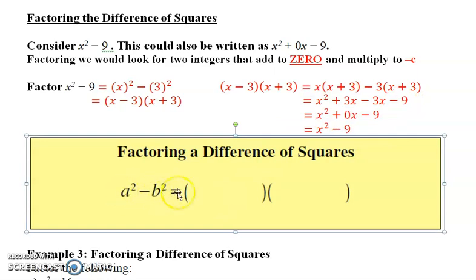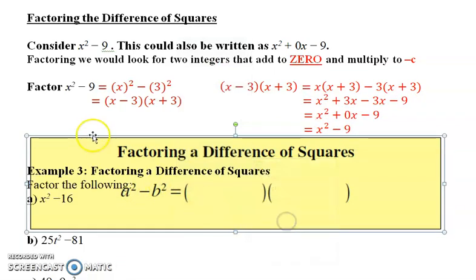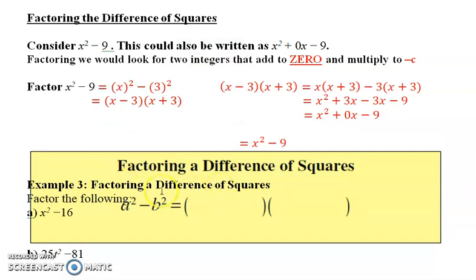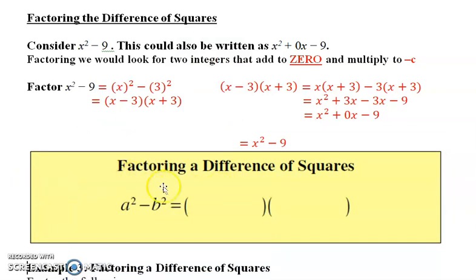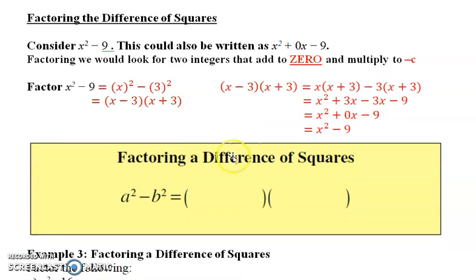All right, so we can say that we have the difference of squares. a squared minus b squared is going to be a minus b, and then this next one is going to be a plus b.